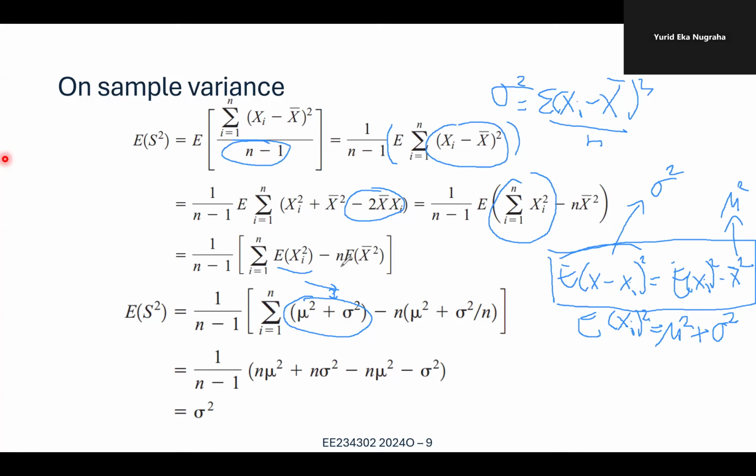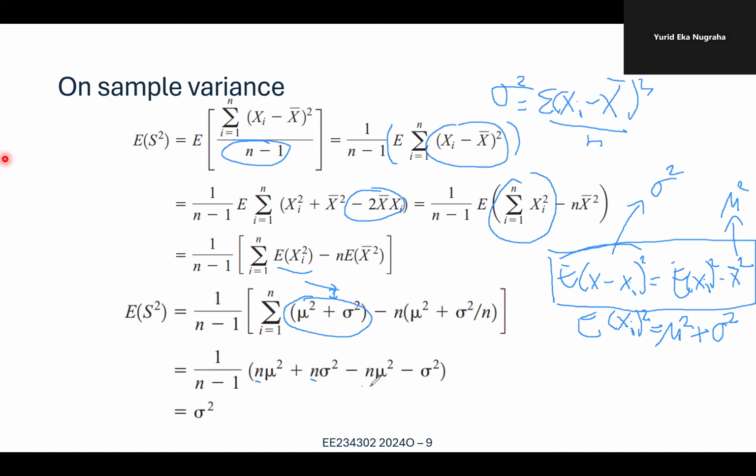So now you have the expected value of x bar square. Now you have the similar one. So this would be mu square, but now we have sigma square over n because this is the average, x bar, that's used. Now we add this from 1 to n, which means we multiply by n.